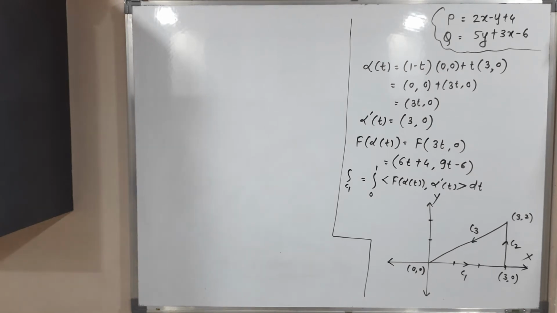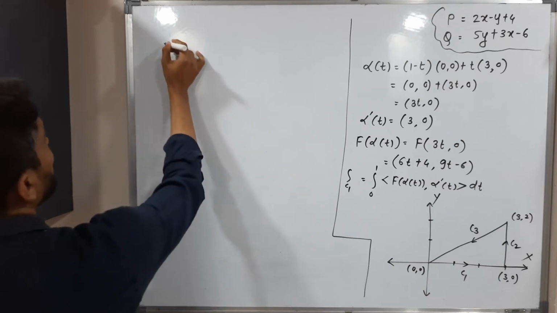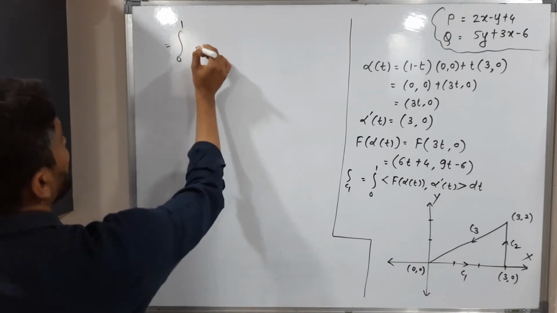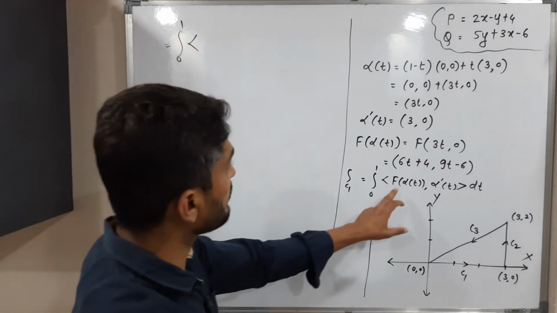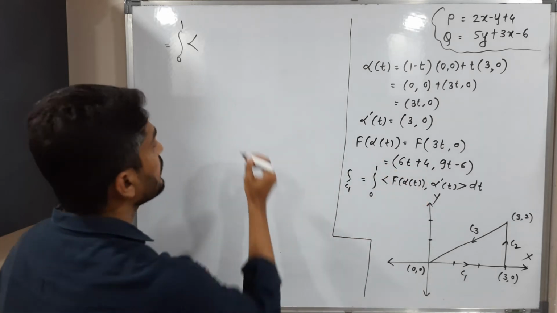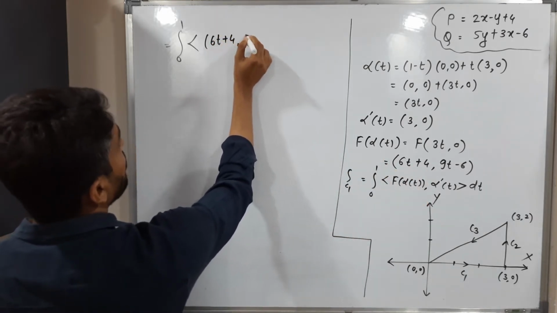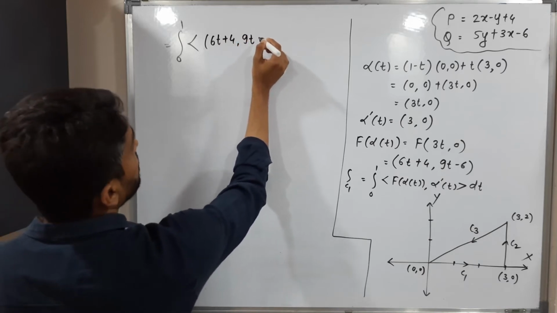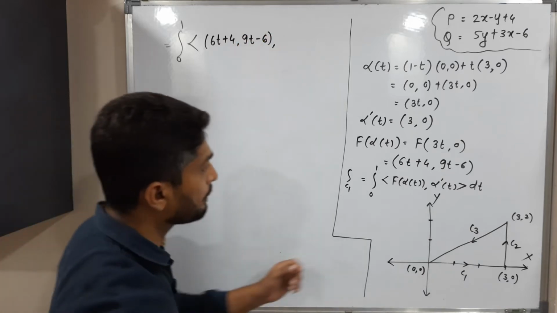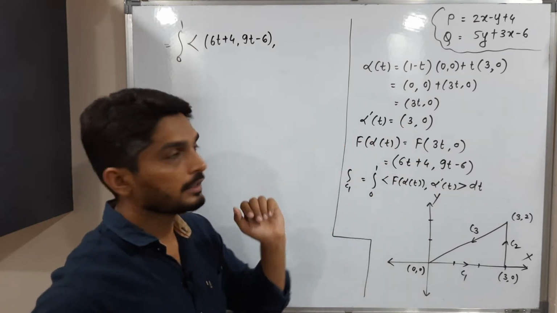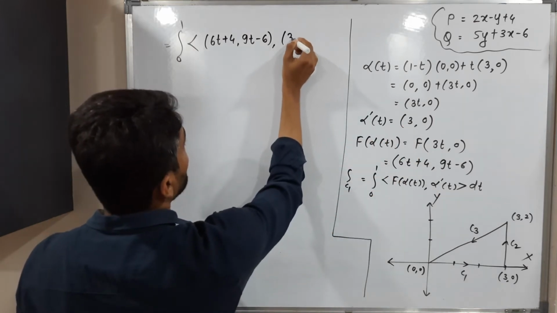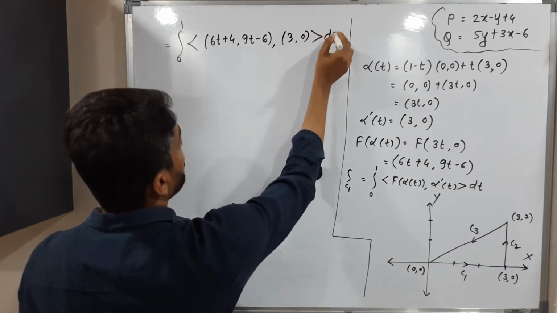Okay, so let us continue. So this is equal to integration 0 to 1, inner product of, what is the value of f of alpha of t? Let me put it here. So it is (6t plus 4, 9t minus 6), comma alpha dash of t, its value is (3, 0), dt.